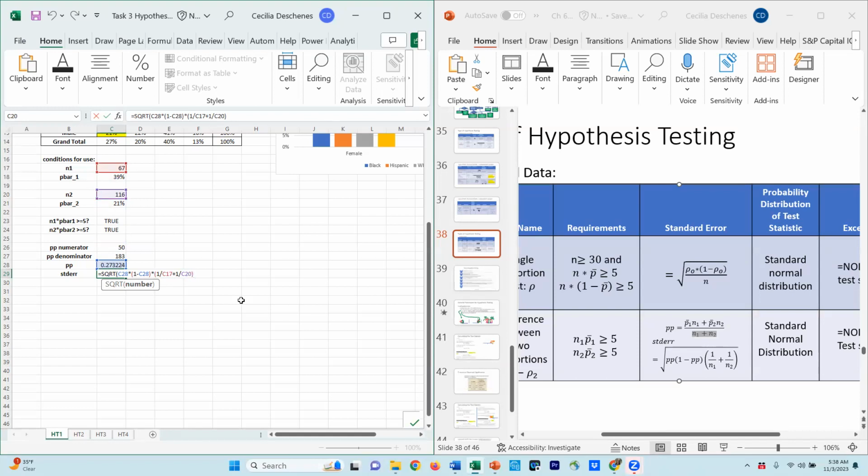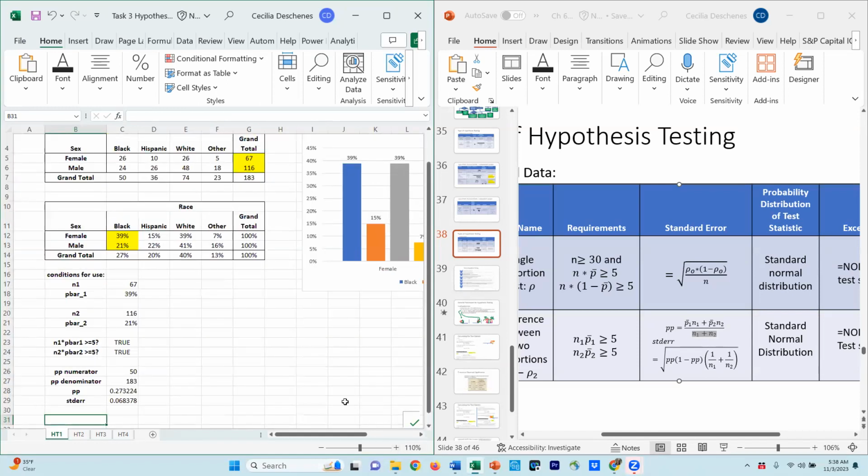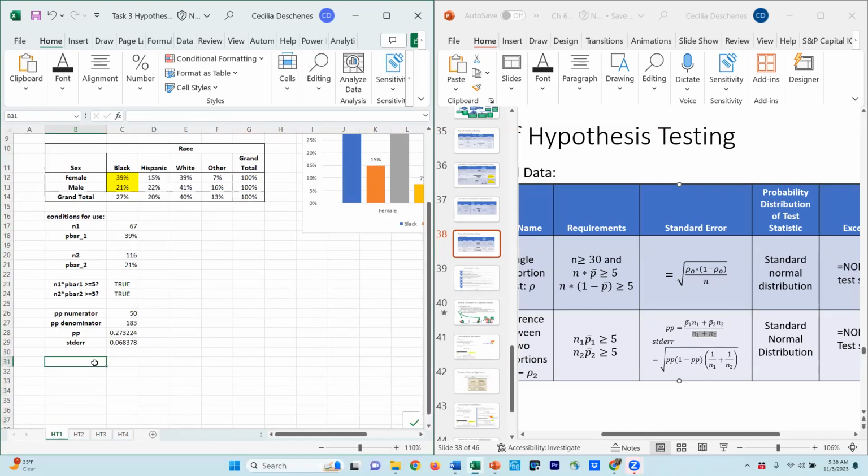And then I need a closing parenthesis for the square root. Now that I have that, I can calculate my test statistic, and I just made that a little bit bigger for you guys. Sorry, that's the formula for that.